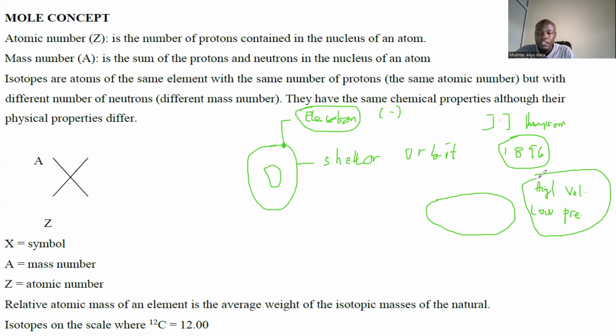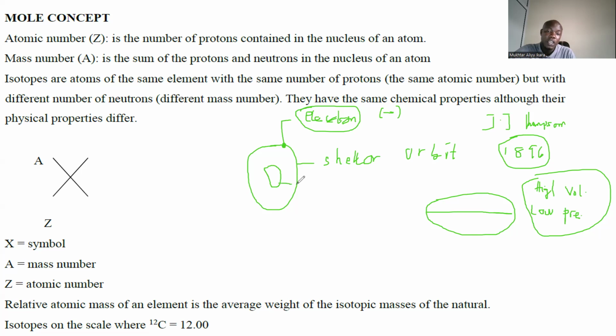As he increased the voltage and decreased the pressure, he observed that the fluorescent tube began to glow. That is how he observed that some rays are emitted from the cathode to the anode. So J.J. Thomson discovered electrons in 1896, and these electrons are located in the shell and have a negative charge.